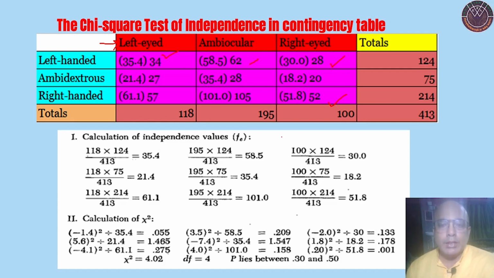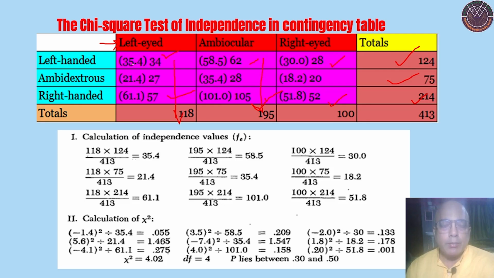Then the totals are there. If you add these three, you get 124. If you add 27 plus 28 plus 20, you get 75. 57 plus 105 plus 52 is 240 (sic). Similarly here, if you add, you get 180. This is 195. 28 plus 20 plus 52 is 100.